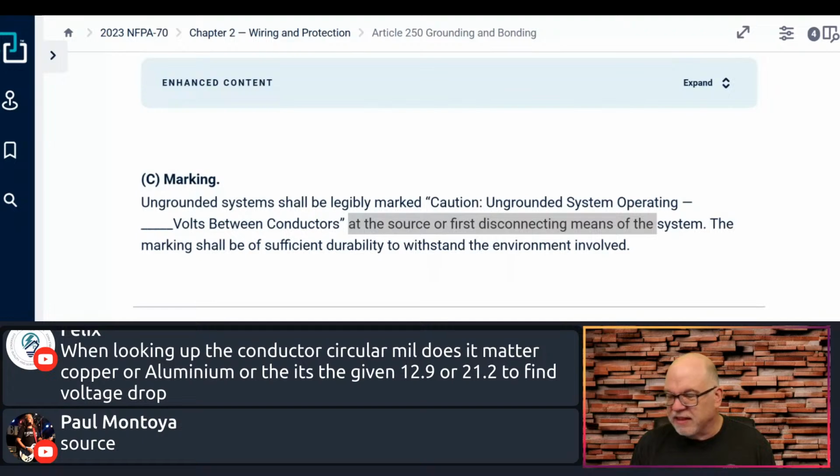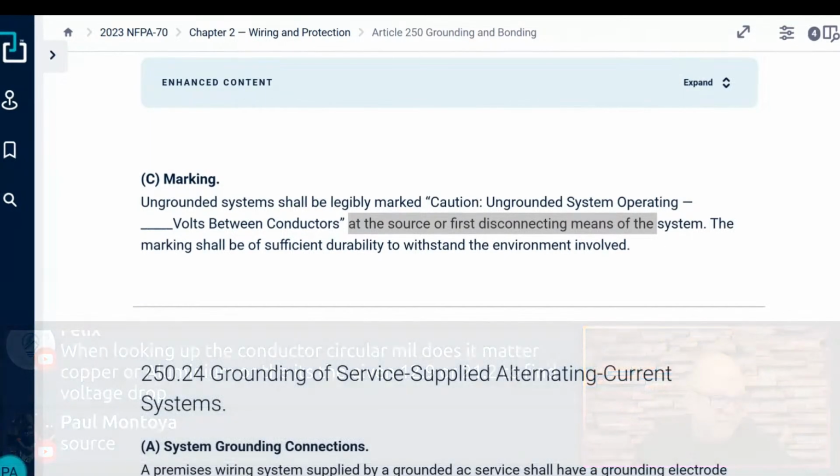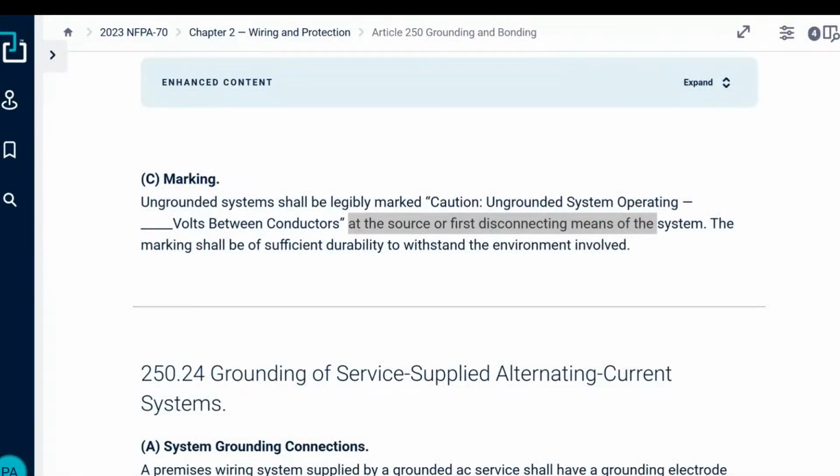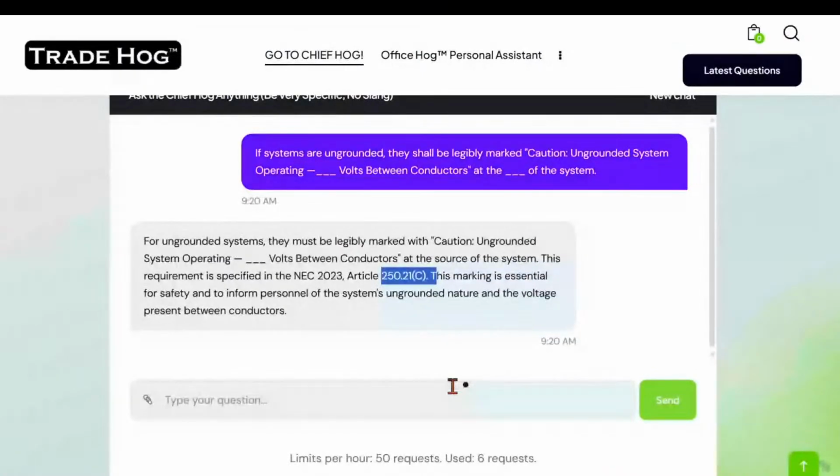Now, again, we're training the hog, right? So the hog looked at it. Now let's go back to the hog because I want to train the hog. Always training the hog. Here, and we're going to go right here and say, you are wrong.